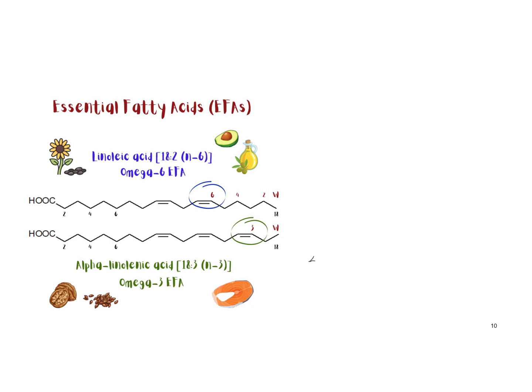And what you see here is that's that 18 in that nomenclature there. And then if you see a colon here and then another number, what that means is that it has 2 double bonds. So the 18 here is the number of carbon atoms, and then there's a colon there, and then there's another 2, and that tells us the number of double bonds.